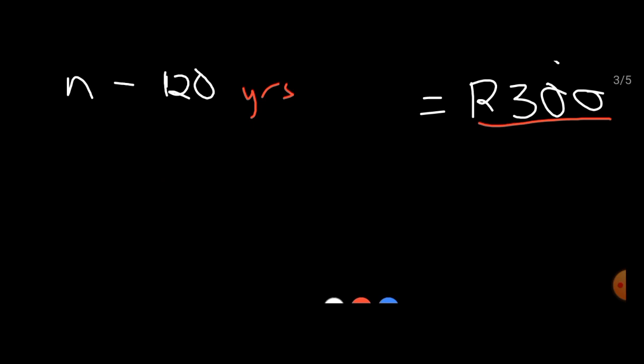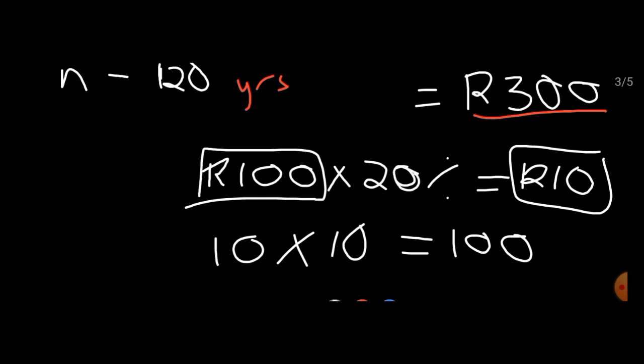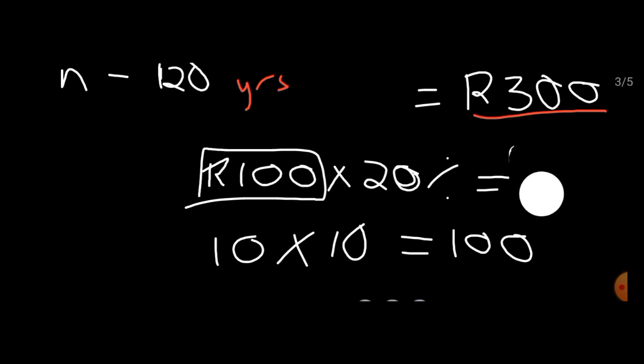We can just say, okay, the investor invests 100 rand. The bank says we will increase your money by 20% every year. So what is 20% of 100? Remember they said 20%, they will increase by 20%. So 100 multiplied by 20% gives us 20 rand, not 10 rand but 20 rand.